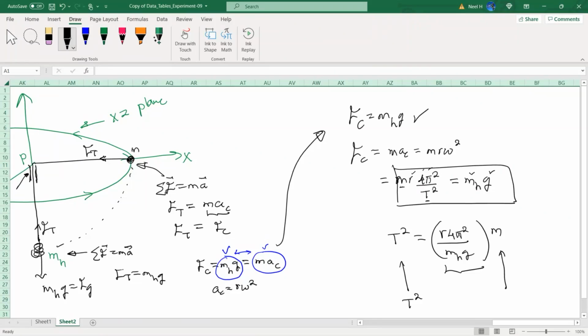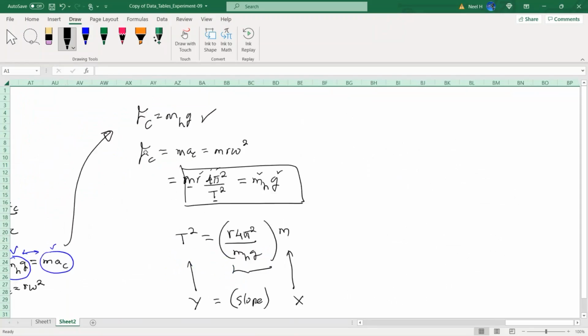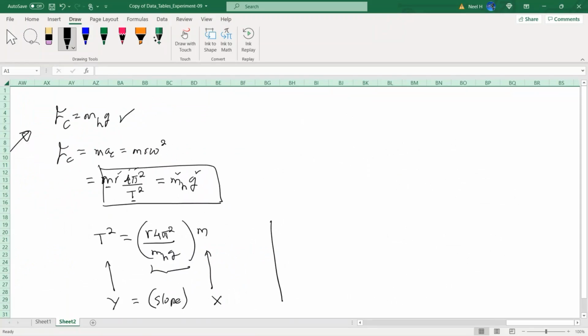If I change the mass of the moving object, put that on the x-axis, and observe how the period of oscillation changes as a function of mass, then I should see a y equals slope times x type of equation. Which means I should be able to see a graph that looks like this. This is going to be T to the power 2. This is going to be the mass of the moving object. The graph will look like this.